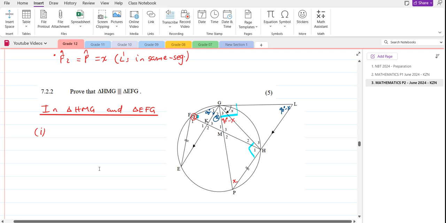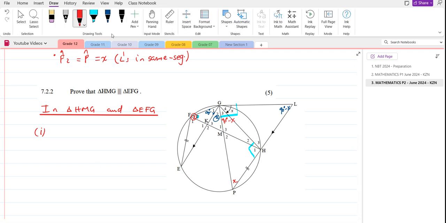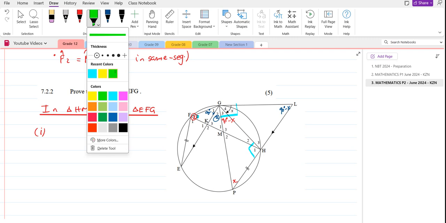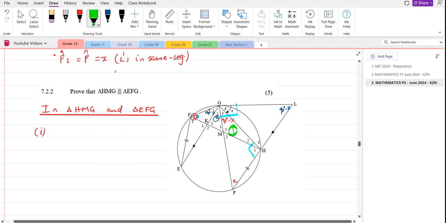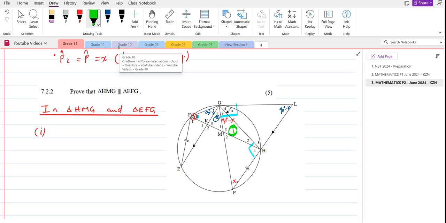HMG. So I'm just going to shade it in, HMG. So we're basically working with, let's use a different color, HMG is this, and we are working with the next triangle, which is EFG.